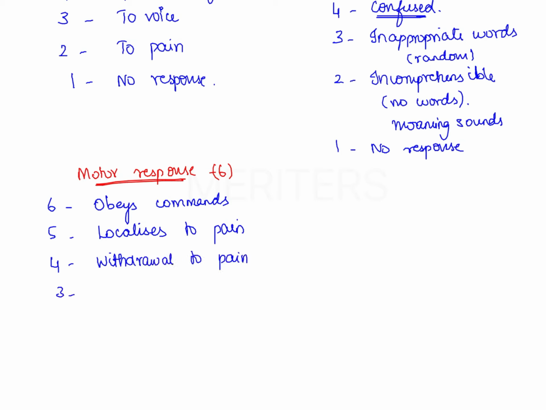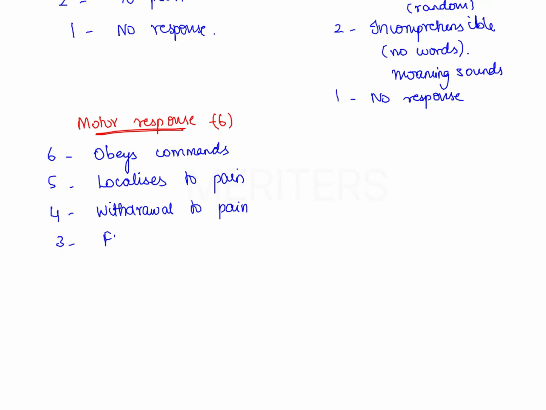Score 3 indicates that the patient shows an abnormal flexor response to painful stimulus. Score 2 indicates the extensor response shown by the patient. And score 1 indicates that there is no motor response elicited by the patient.